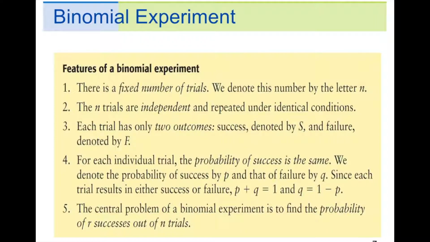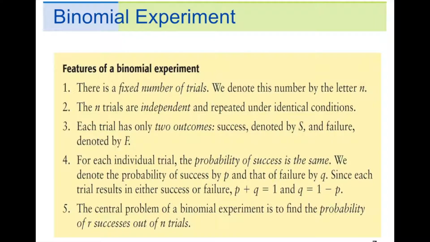Since each trial results in either success or failure, P plus Q equals 1, and Q is equal to 1 minus P. So the probability that there's a success is P, the probability that there's a failure is Q. And of course, since those are the only possible outcomes, their probabilities need to add to 1.